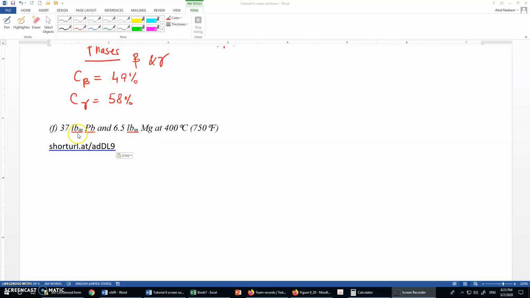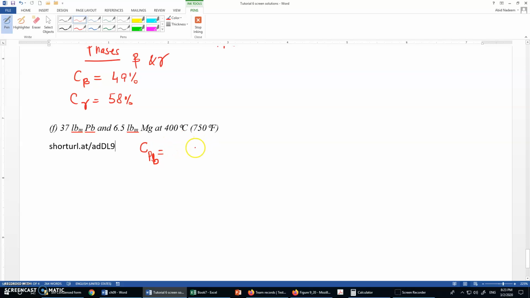Okay, now lead and magnesium alloy again. Here is the URL. So let's find the composition of lead and magnesium first. Because now the masses are given in terms of pound mass, we can use pounds over here.